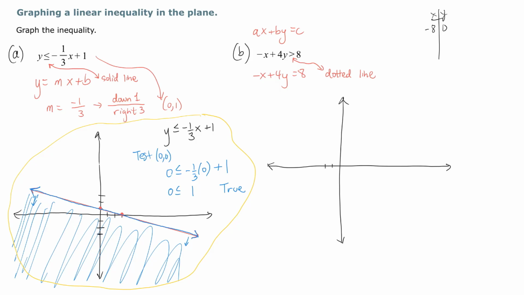So 1, 2, 3, 4, 5, 6, 7, 8, opposite of 8. Plot a point here. When x is 0, we get y to be 2. And we could plot a point at 0, 2. And of course, if you have a straight edge, take advantage of it and plot a straight line.